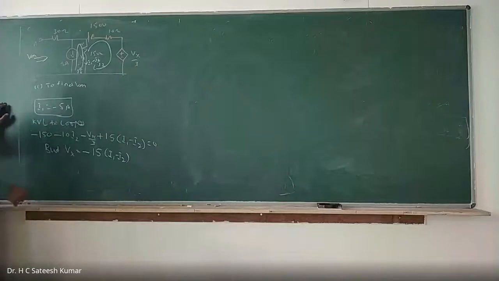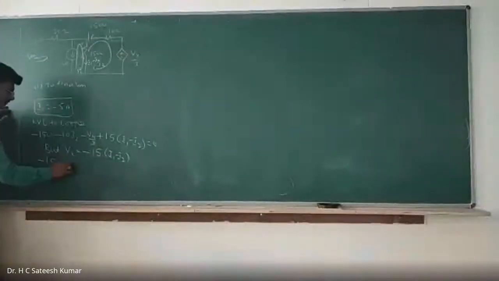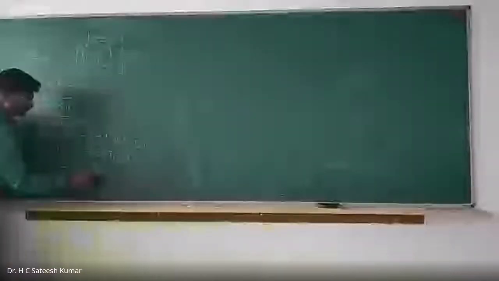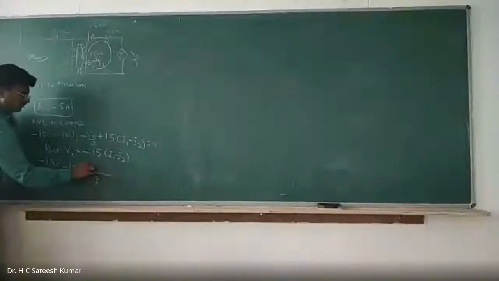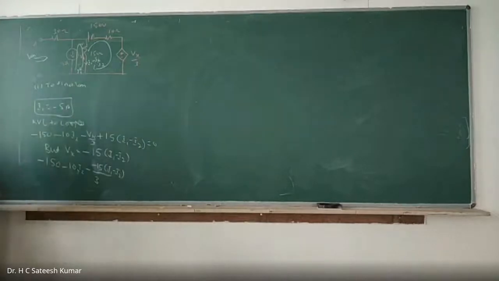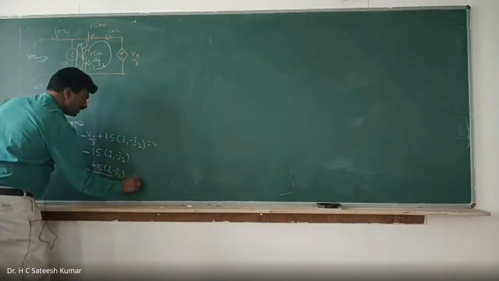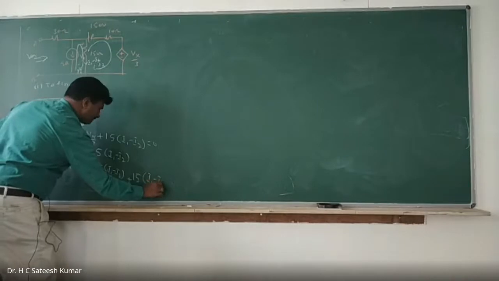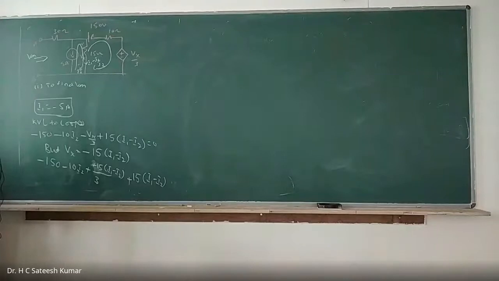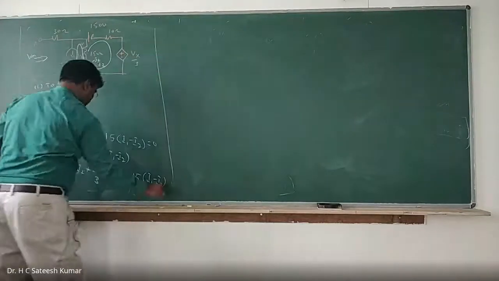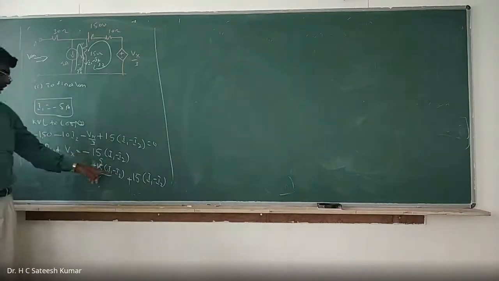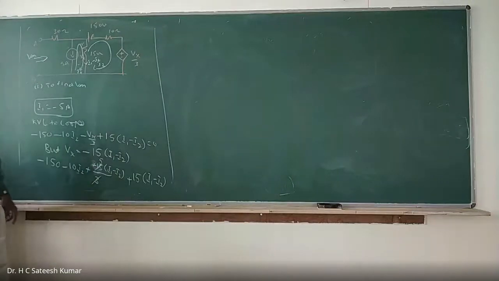Substitute in this equation: minus 150 minus 10 I2 minus Vx by 3. Minus Vx is minus 15 into I1 minus I2, plus 15 into I1 minus I2. Minus of minus is plus. Now 15 by 3 is 5 times, so 5 I1 minus I2, plus 15 I1 minus I2, is 20 I1 minus I2.